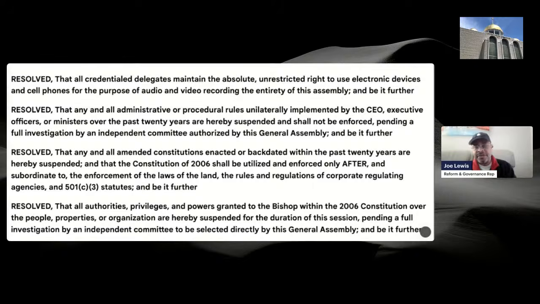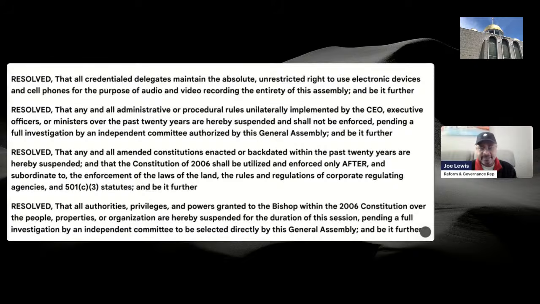And be it further resolved that any and all amended constitutions enacted or backdated within the past 20 years are hereby suspended, and that the Constitution of 2006 shall be utilized and enforced only after and subordinate to the enforcement of the laws of the land, the rules and regulations of corporate regulating agencies, and 501c3 statutes.